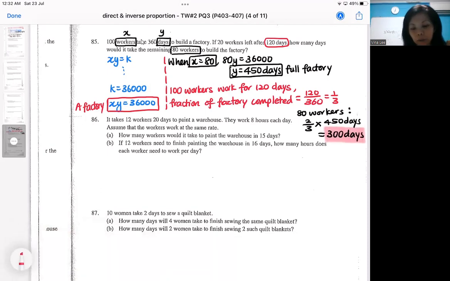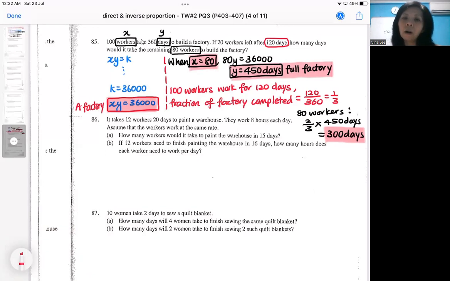The equation that you found just now is meant for a full factory. For a full factory, if I'm only left with 80 workers, that means maybe before the start of building the factory, 20 decided to quit. You're left with 80, so the job will be delayed and you will take 450 days for a full factory. But the fact is these 20 workers left after 120 days. So during the 120 days, some part of the factory has already been completed.